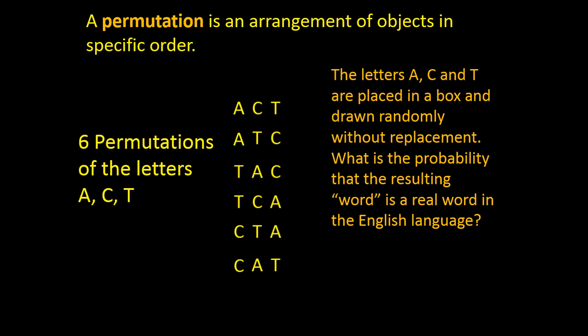We want to find the ones that spell English words, which would be the word act and the word cat. So of the 6 elements in the sample space, there's 2 that spell real words. So the probability that we order these letters randomly and spell an English word is 2/6 or 1/3.